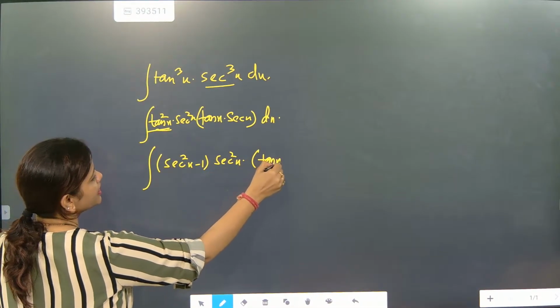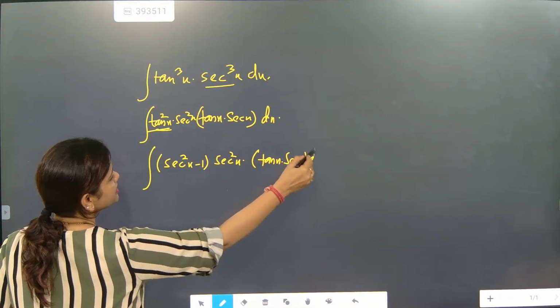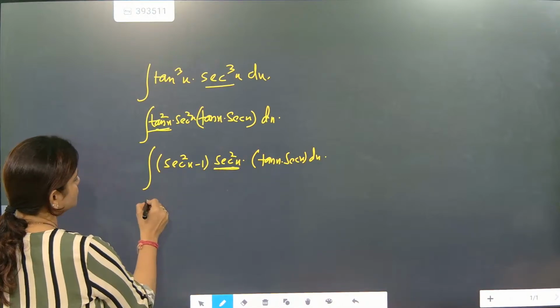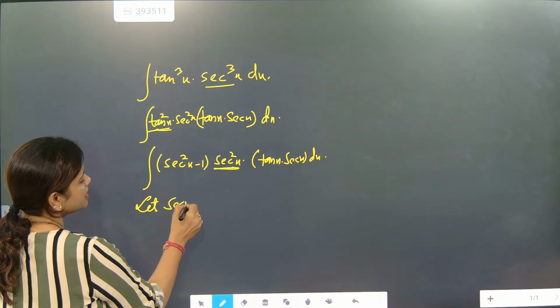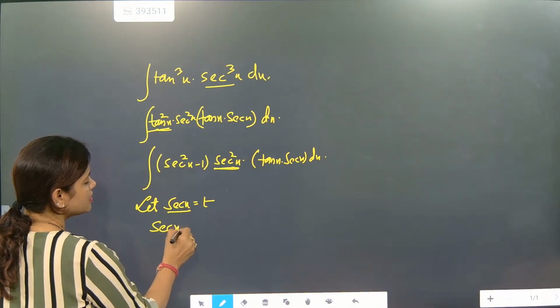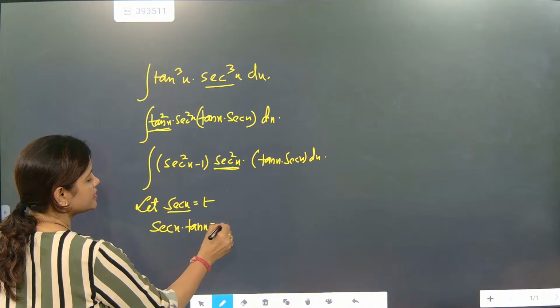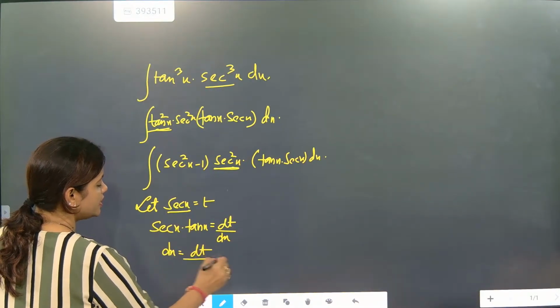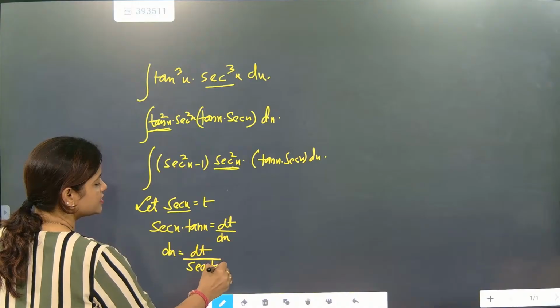Now I separated tan x into secant x dx. Now I am taking secant x is equal to t. So let secant x is equal to t. Differentiation of this will become secant x into tan x is equal to dt by dx. So dx is equal to dt by secant x into tan x.